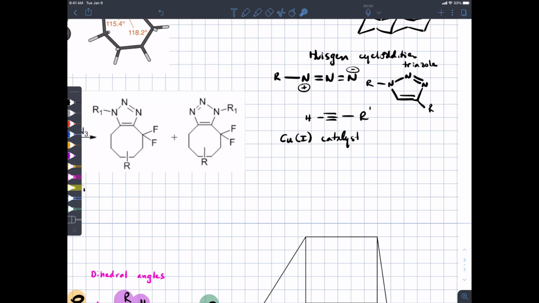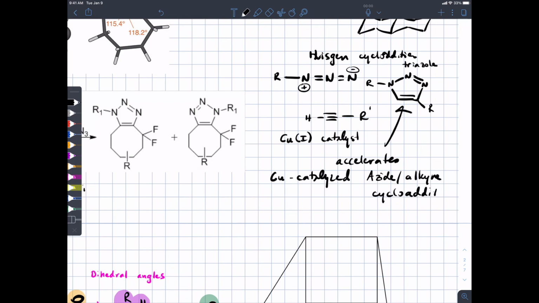So the copper catalyst greatly accelerates the cycloaddition. This is often called the copper catalyzed azide alkyne cycloaddition. People often say it's click chemistry.